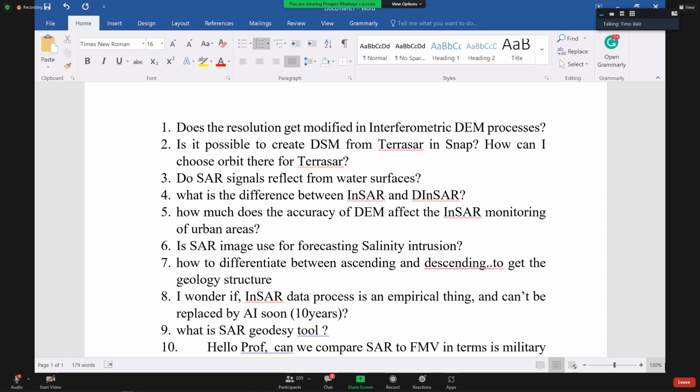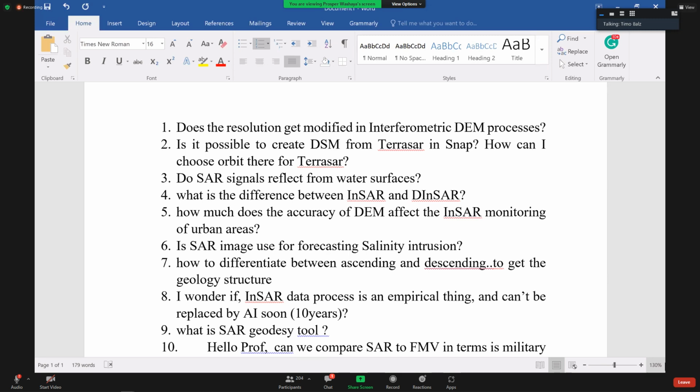And the last question I'm going to answer today is, what is the difference between InSAR and DInSAR? We're going to talk about that next time. We're going to reach that next time, for sure. InSAR means SAR interferometry, and DInSAR is differential SAR interferometry.